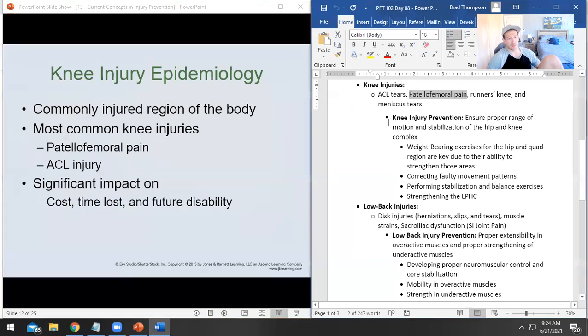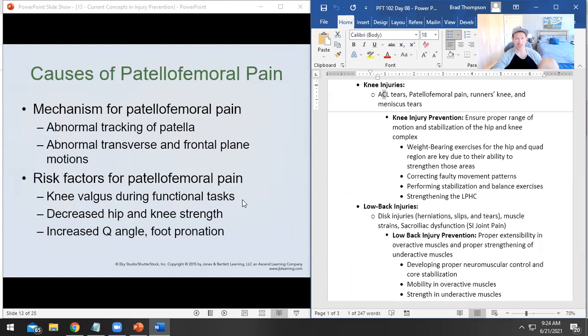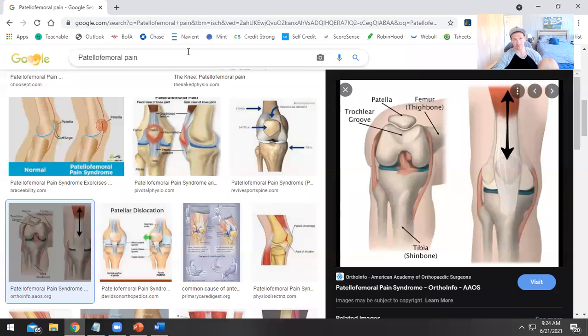That's a really, really common one. Runner's knee, which we know as IT band syndrome. Meniscus tears, that's another really common one. And then we've got the other tears within the knee. We see PCL tears, LCL tears, MCL tears. Some are more common than others. But let's start with poor patellofemoral tracking.